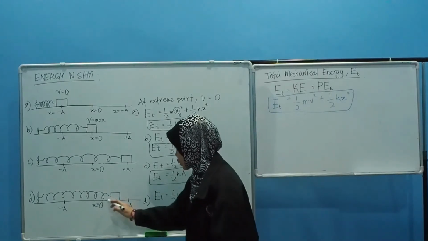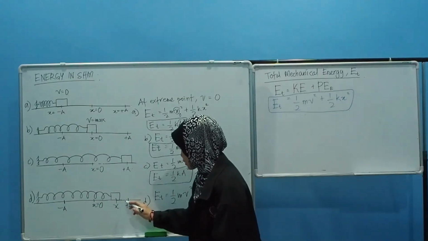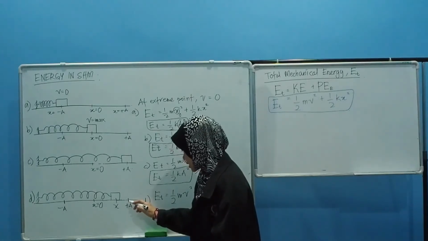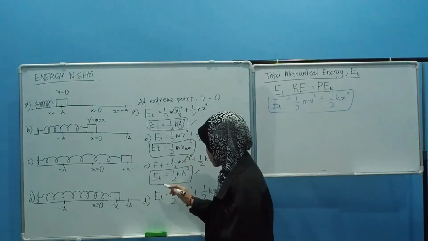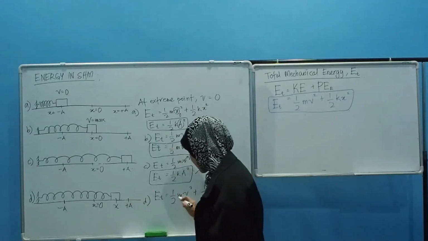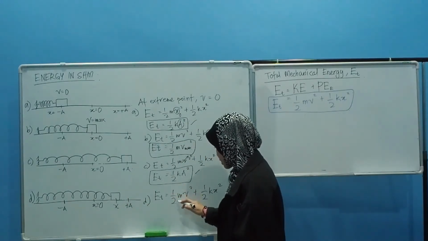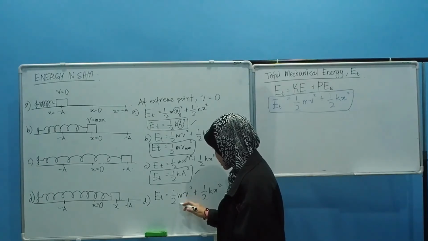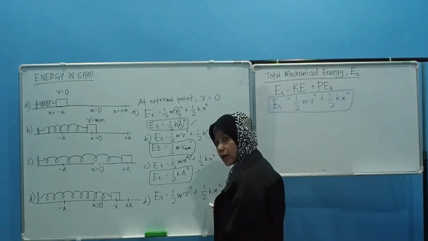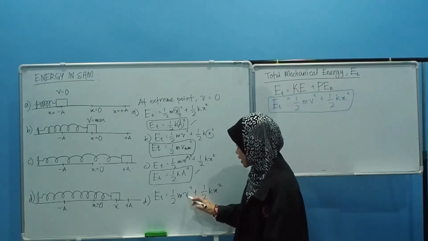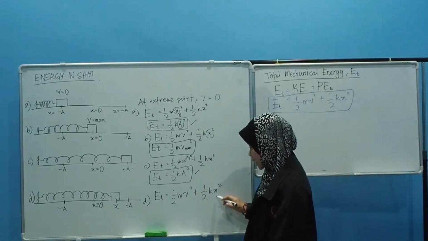So at this point, part of the energy is kinetic energy, and another part is elastic potential energy. That means there's a value of v and there's a value of x here.